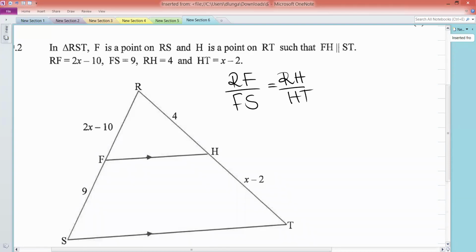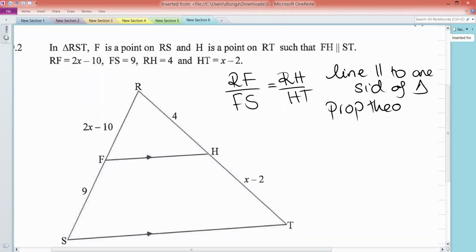That's all you have to do first, but then you state the reason. Either you say line parallel to one side of triangle, or the simpler one, which is just prop theorem. And then you state the parallel lines, FH parallel to ST. That's all you have to do, and you get a mark just for doing that. Proportionality theorem, RF over FS is equal to RH over HT.